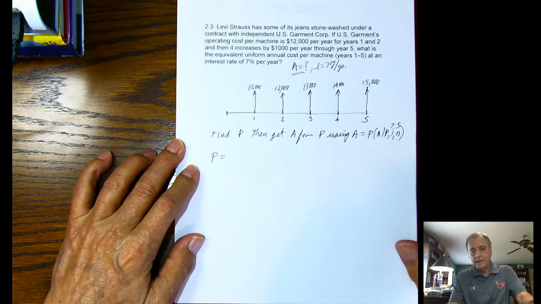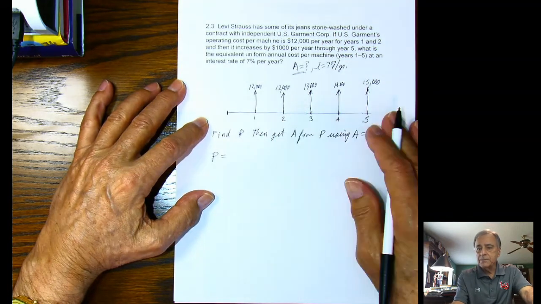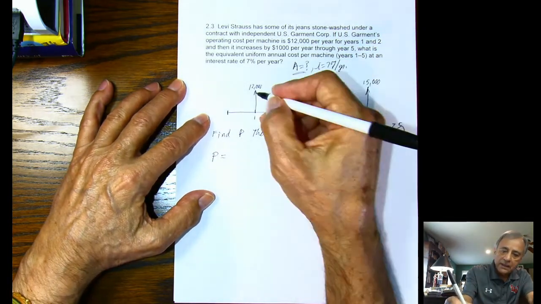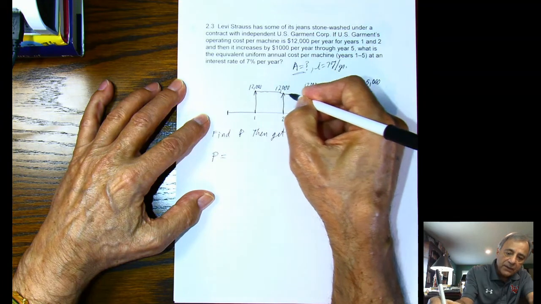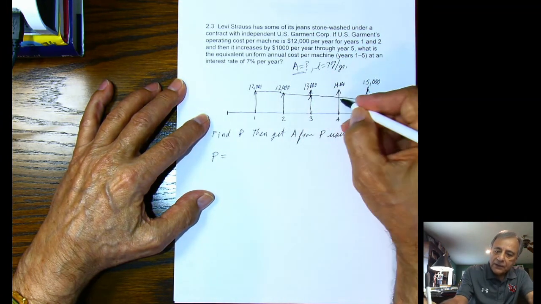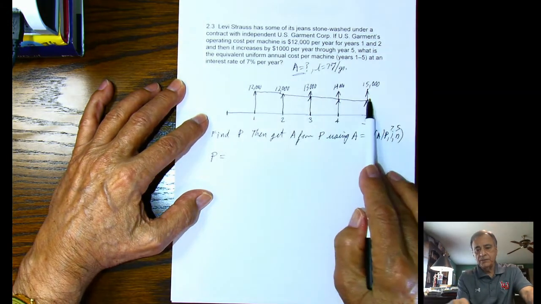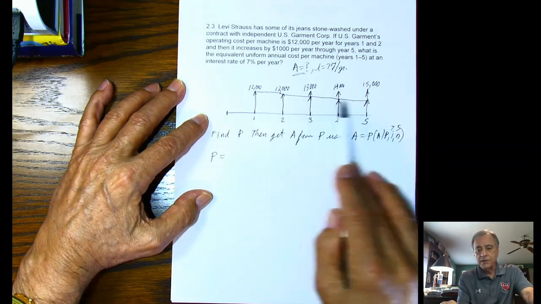Well, I'm going to make it easy on myself because I see a uniform series embedded in here. So if I just take and cut off everything right here at $12,000, I get a uniform series of $12,000 straight across.